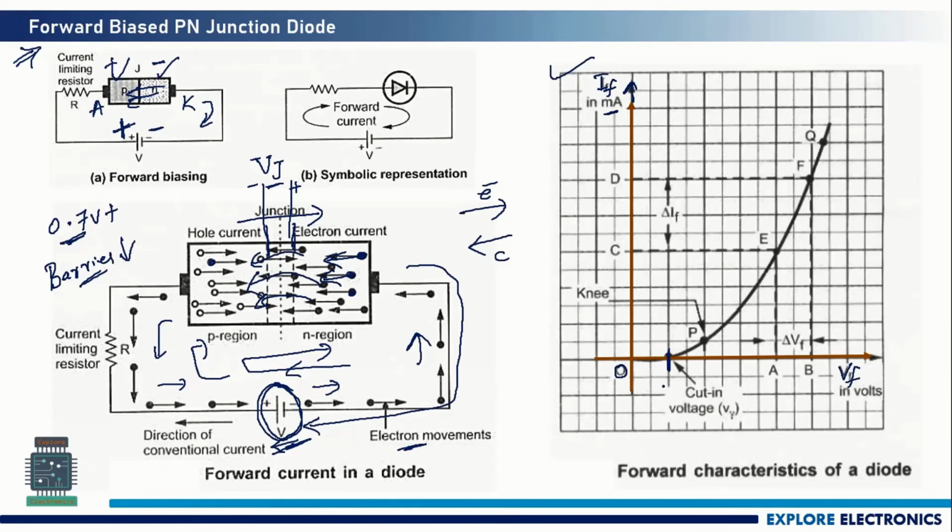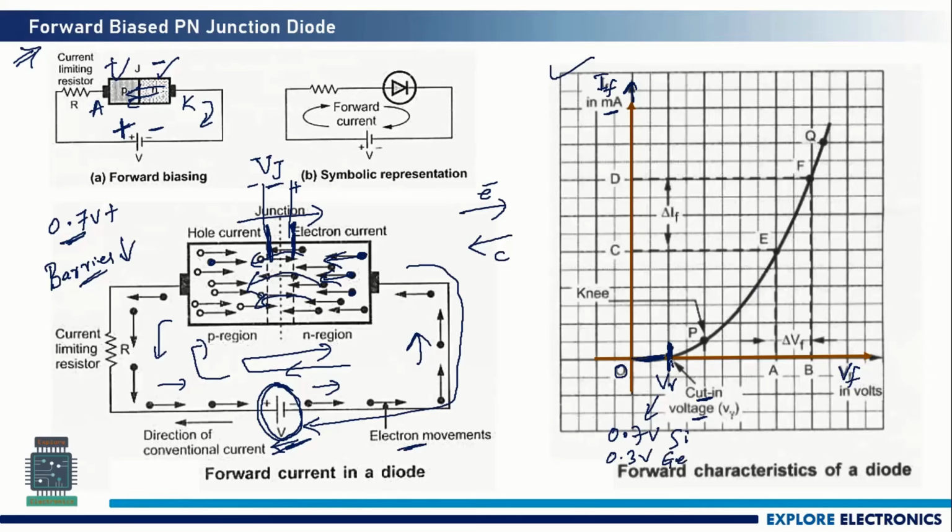Then it reaches some cut-in voltage, that is V gamma, called the cut-in voltage. Why? Because a minimum amount of external voltage is needed for the diode to start conducting. This amount of voltage is required to reduce the barrier present in the depletion region or the junction. That's why this cut-in voltage is 0.7 volts for silicon and 0.3 volts for germanium.